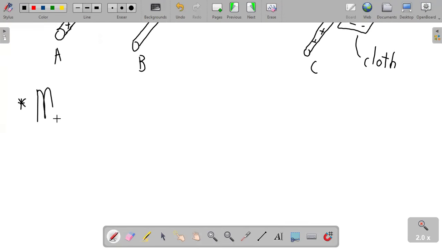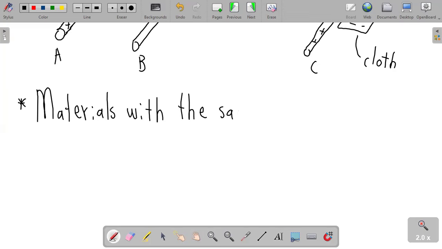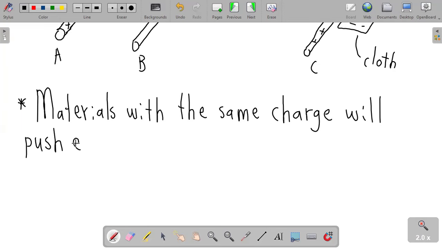Materials with the same charge will push each other away.